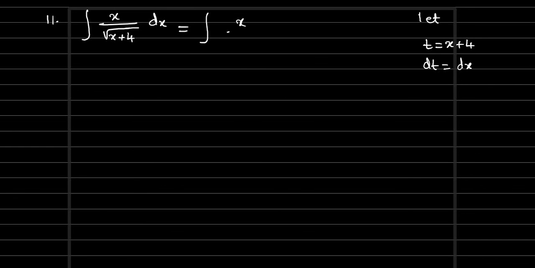So integral x by square root of x plus 4 dx. Let t equal x plus 4. Then dt is dx, and the constant term differentiation is 0. So we can write the integral: x by square root of x plus 4, with x plus 4 as t, so root t, and dt is the same as dx.